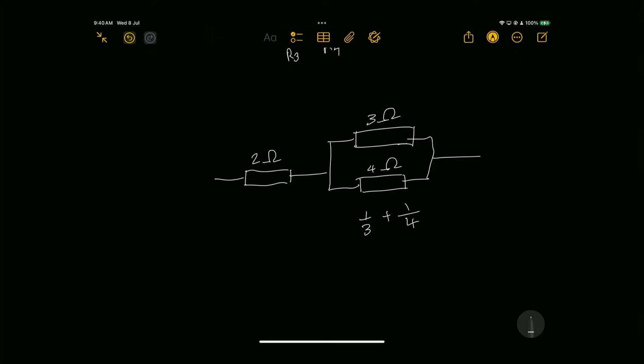Right, so I will write Req P for the parallel one, which is equal to 1 over (1 over 3 plus 1 over 4).